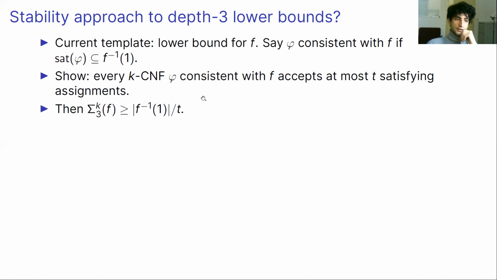Then we get a lower bound for these depth-3 bottom-fan-in-k circuits, for the simple reason that we can think of such a circuit as a covering of the ones of the function with satisfying assignments of k-CNFs. So this is what PPZ does, what PPSZ does, what this projection paper does, and so on.